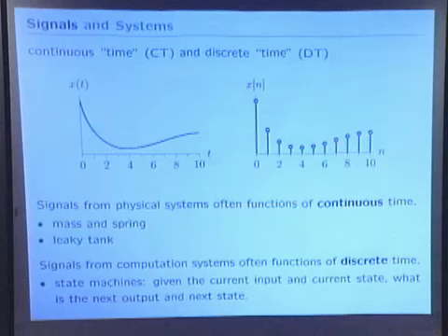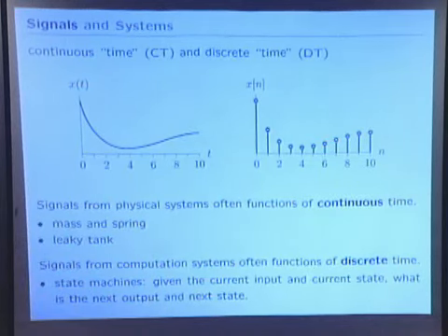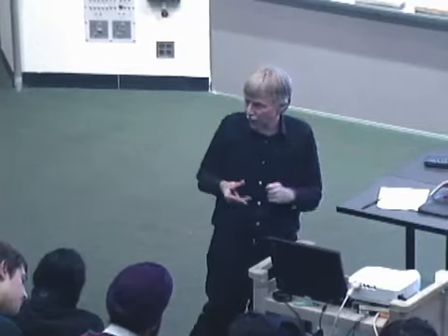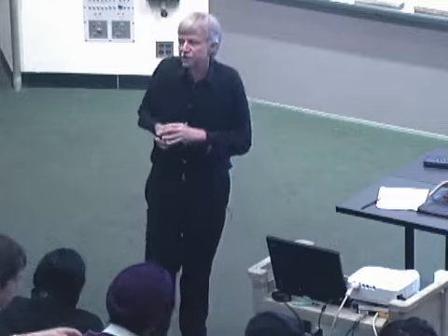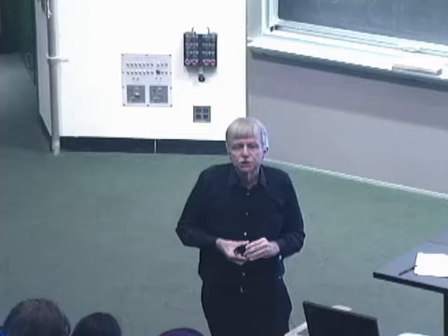And a unique part of this class will be converting between the two representations, because as engineers, we often want to build something that operates in the physical world, masses and springs and reservoirs and that kind of stuff, and do the processing computationally. Ever since the advent of digital electronics, it's just much easier to process signals in the digital domain.